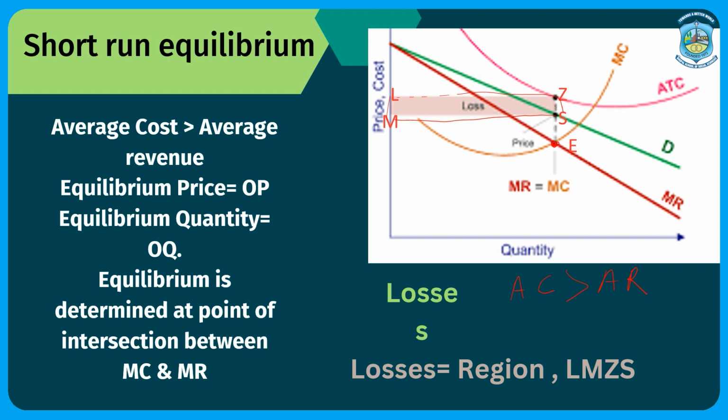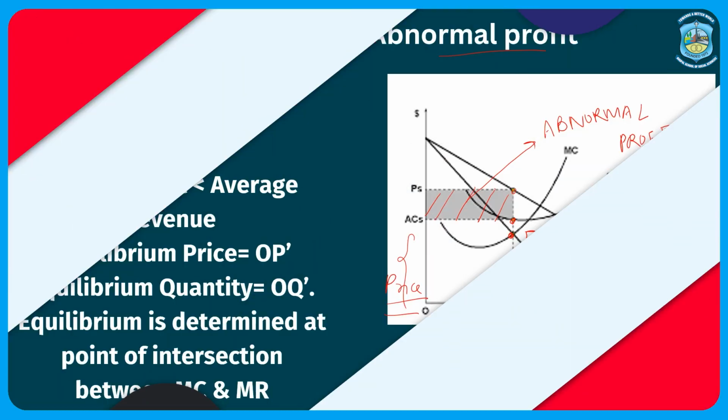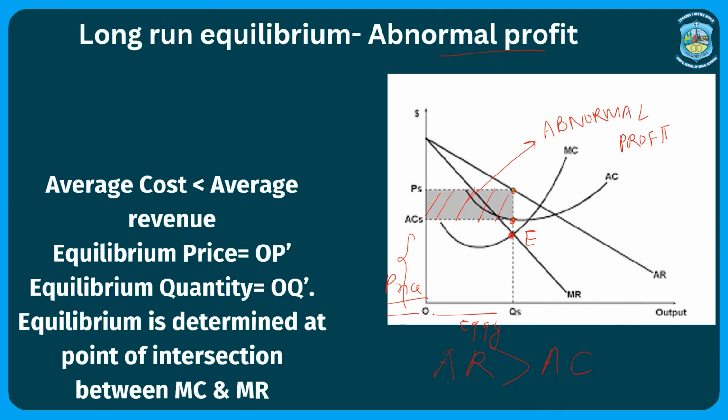Coming to the abnormal losses. This happens when the average cost is greater than the average revenue. In this case, the equilibrium price is OP and the equilibrium quantity is OQ. And equilibrium is determined at the intersection between marginal cost and marginal revenue.